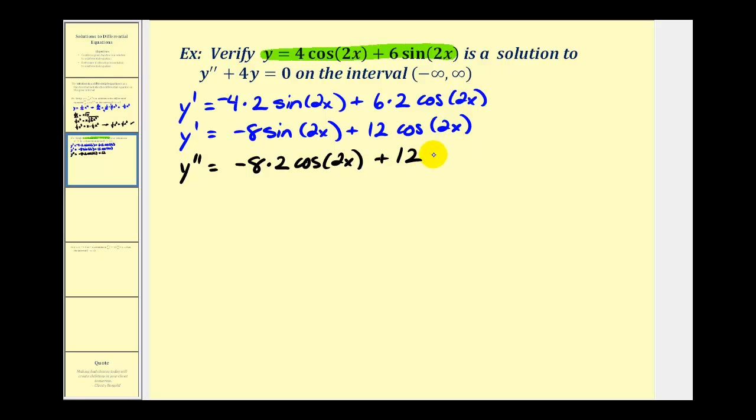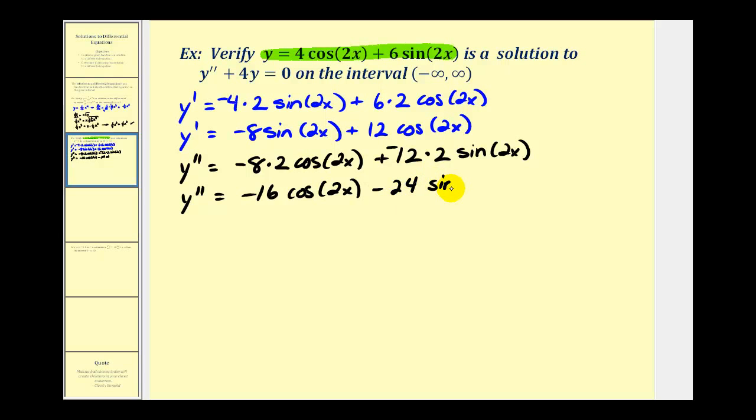So again, applying the chain rule, the derivative is going to be negative sine 2x times 2. So there's the negative, there's the 2, and sine 2x. Let's clean this up. We have y double prime equals negative 16 cosine 2x minus 24 sine 2x.